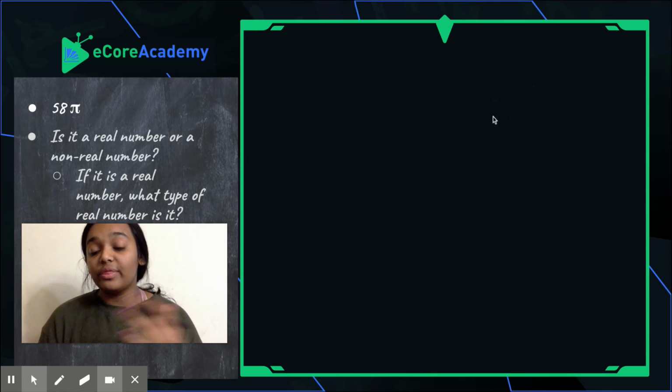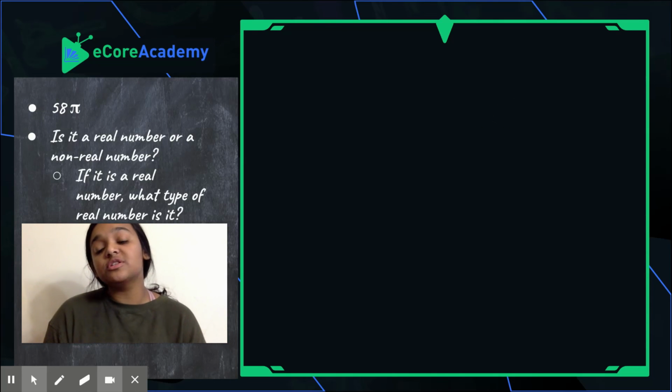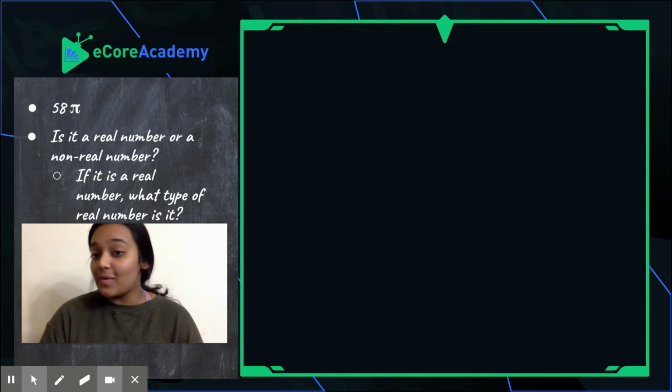But with the question, is it a real number or is it a non-real number? Well, we know that it is a real number because there's no indication of a non-real number. I don't see a fraction with the denominator being a 0, nor do I see a square root of a negative number. But if it is a real number, what type of real number is it?